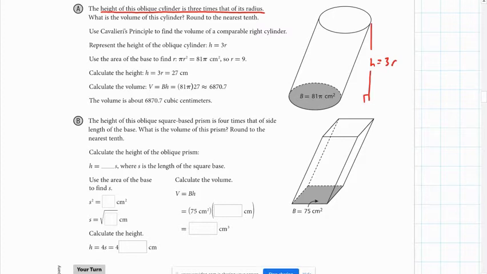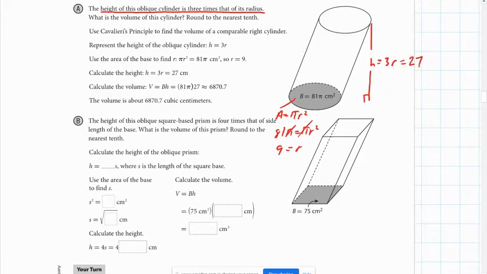And since the base area is 81 pi, we know the area of a circle is pi r squared. So 81 pi equals pi r squared. Divide both sides by pi, and then take the square root. You get r equals 9. So we know that our height is 27.